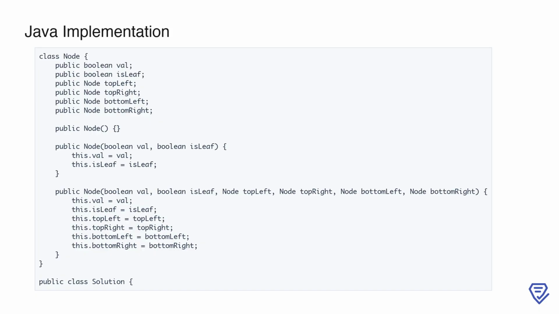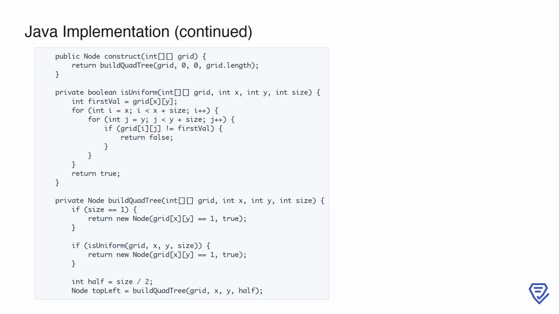The first is a no-argument constructor, the second allows us to set the value and leaf status, and the third allows us to initialize a node with its value, leaf status, and all 4 child nodes. This forms the backbone of the quad tree structure, enabling us to represent both leaf nodes and internal nodes that have children. Next, we define the construct method, which serves as the starting point for building the quad tree.